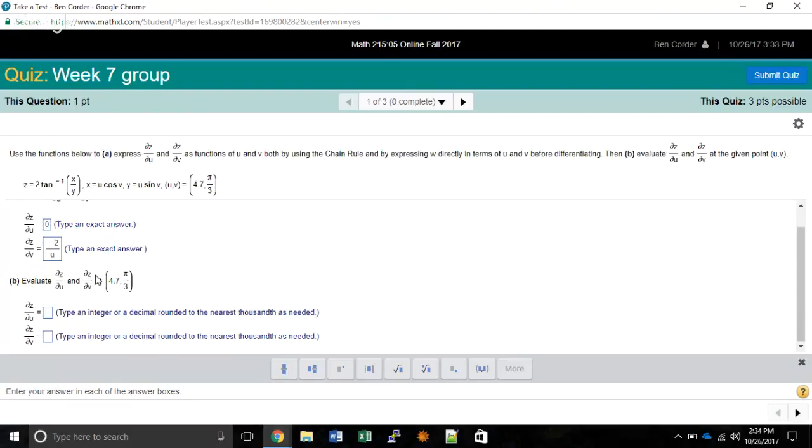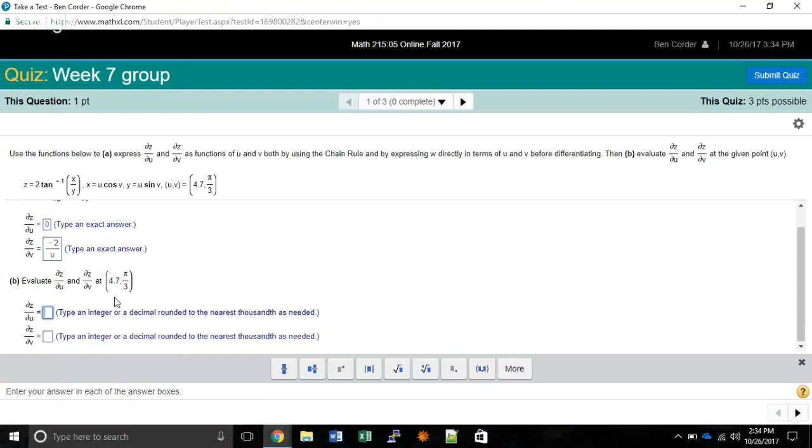Yep, just plug it into the ones we got. So that's like 0 and then 2 over 4.7? Or am I missing something here? Oh, I put in the wrong number. I put in pi. Am I thinking correctly? Yes.